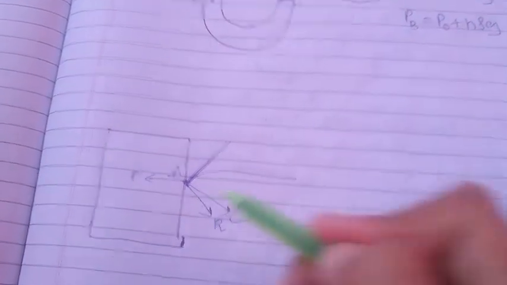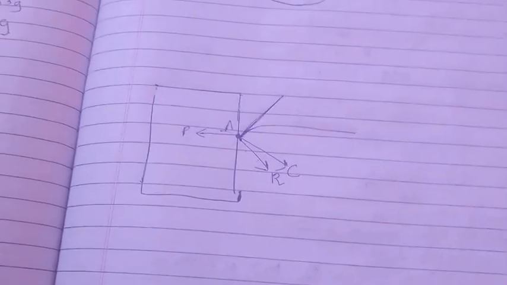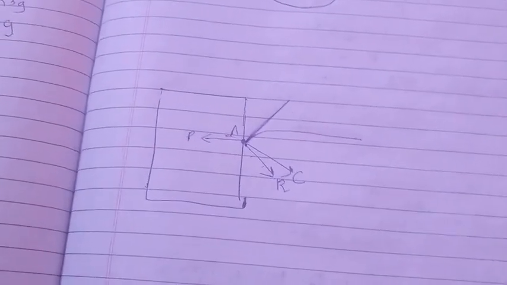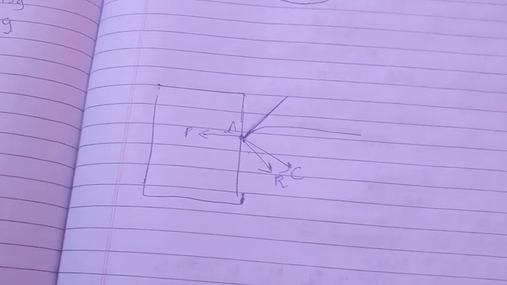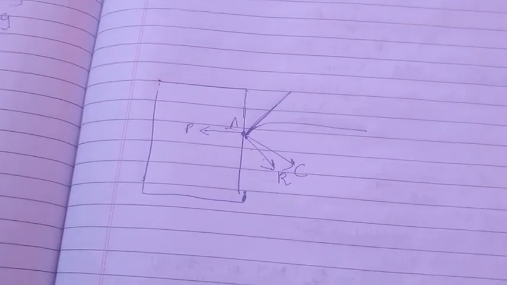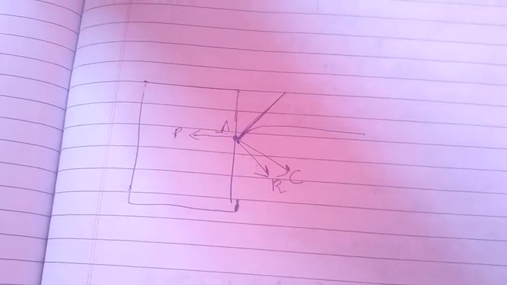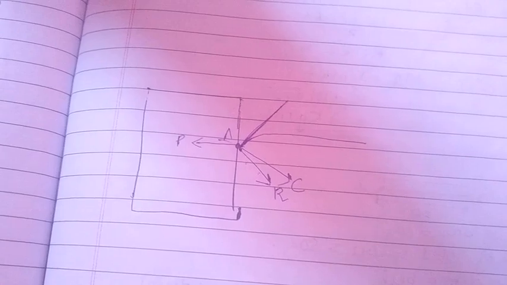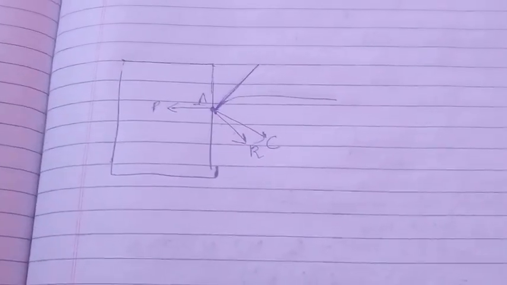As you can see, this is 90 degrees. In such cases, the liquids do not wet the solid surface. So we can make some predictions: when there is an obtuse angle of contact, we get a convex meniscus, and when there is an acute angle of contact, we get a concave meniscus.